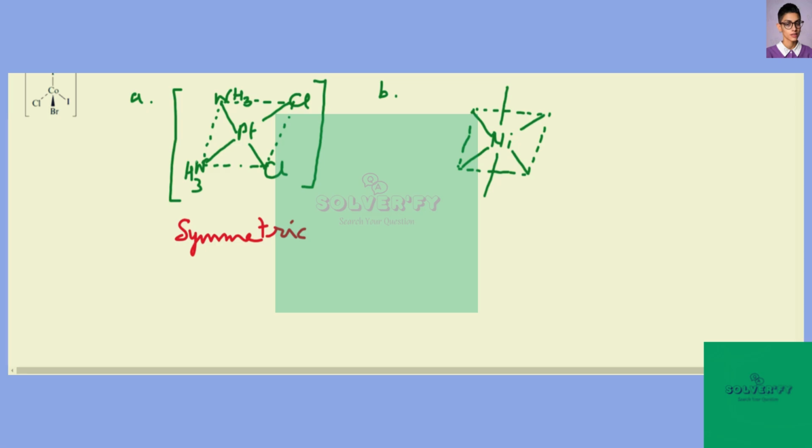And if it is trans, Br should be farthest from each other. So above and below the plane, and this position, en ethylene diamine is a bidentate ligand, so they can form bonds here. So this should be the complex given.